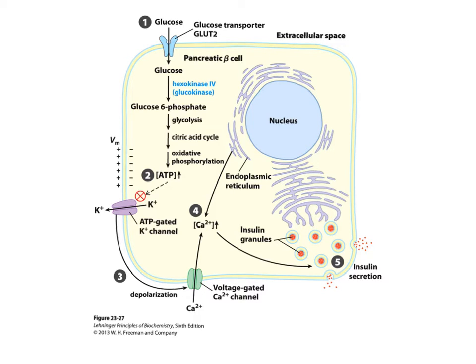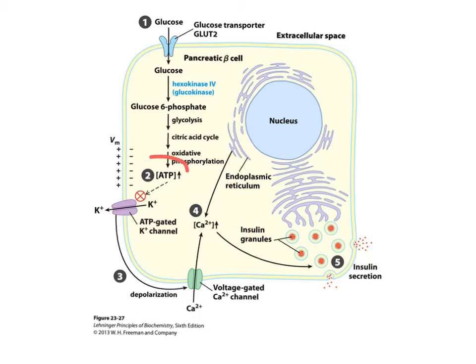We'll start by quickly reviewing how glucose causes the secretion of insulin from the pancreatic beta cells. Glucose is taken up into the pancreatic beta cells through the glucose transporter. Recall that this is a facilitated diffusion process, so it's only dependent on our concentration of glucose. Once inside the cell, the glucose can be converted into ATP by going through glycolysis, citric acid cycle, and oxidative phosphorylation.